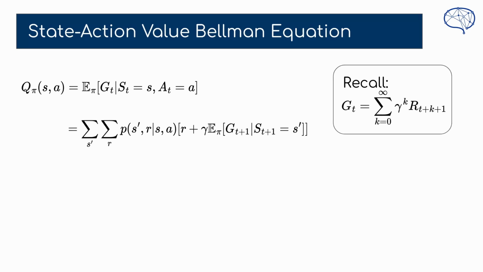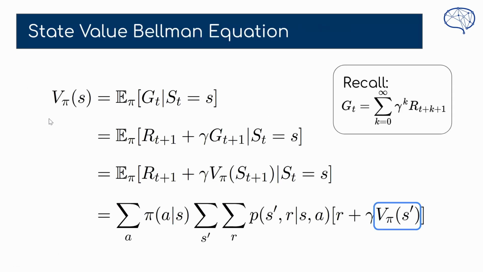Something to note is that because we're already given an action, we don't need to iterate over actions anymore. We're in a state, we take an action, we end up in the next state, and you get a reward. That's why, if you recall from over here, we're missing the summation over your actions.